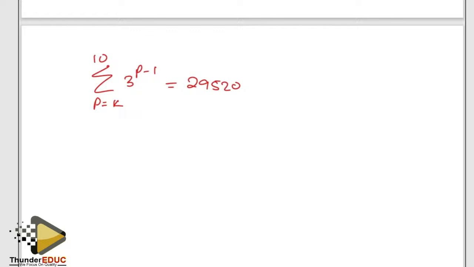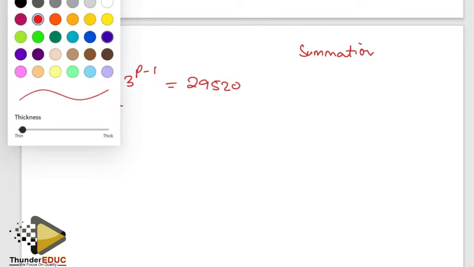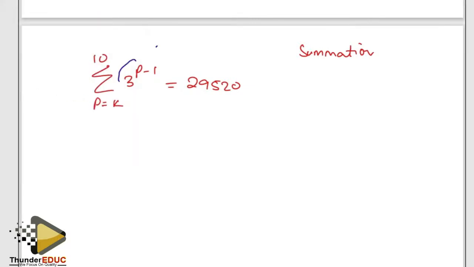So whenever we see sigma notation, what comes into our mind should be the sum or the summation of terms. But at the same time, when you look at this component here, it says a lot about the type of pattern or the type of sequence that we're dealing with.